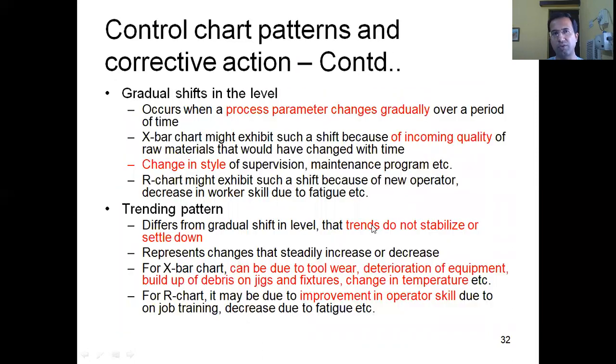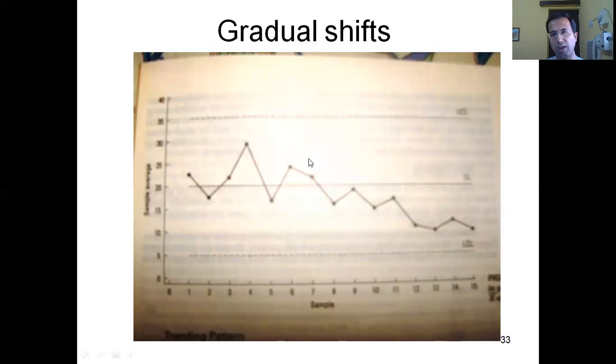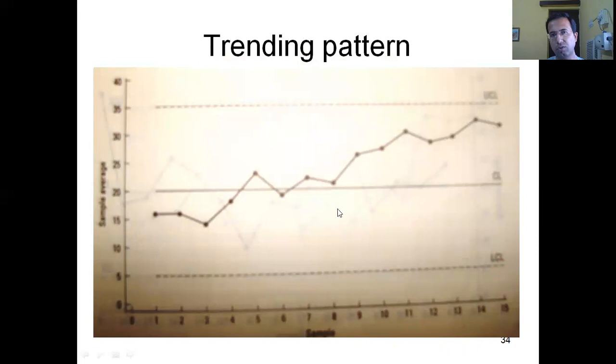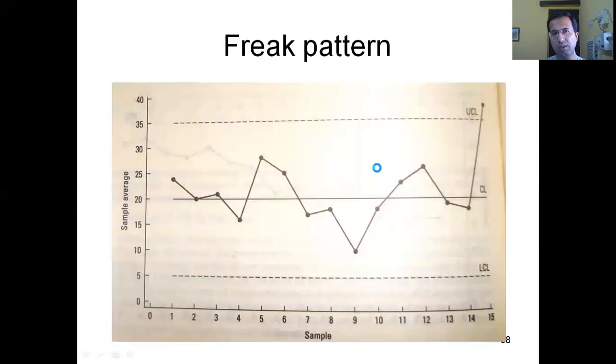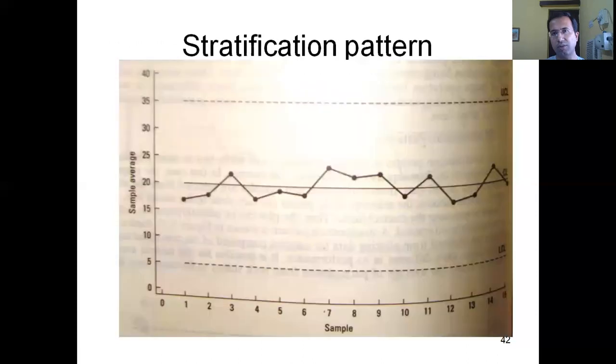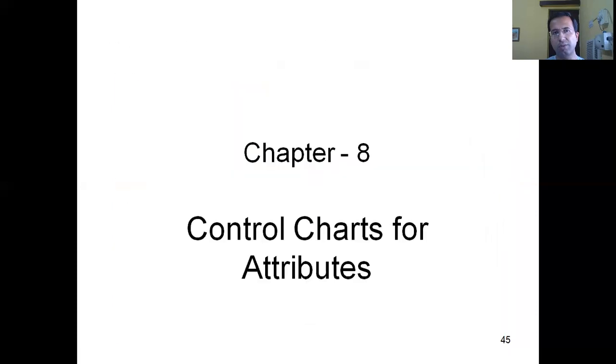So these are sudden shifts. Then you have gradual shifts, where it's going down towards the lower control limit in a continuous manner. While there could be a trend. I'll not go through all of them, just three. You can read further.